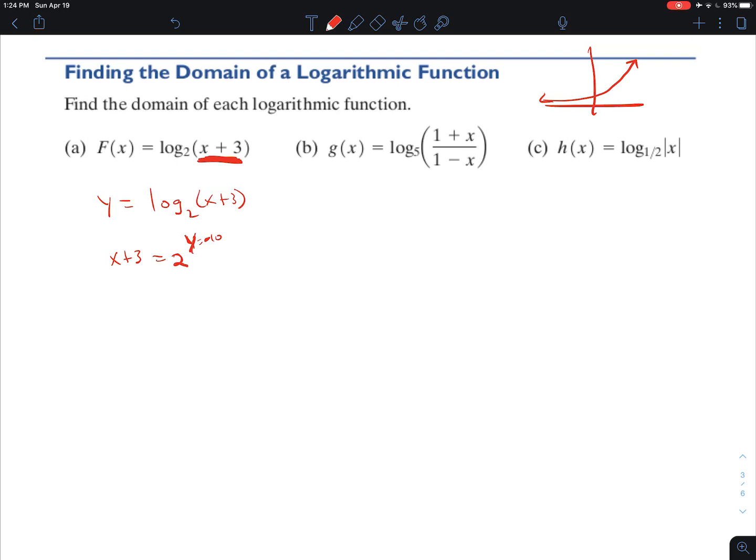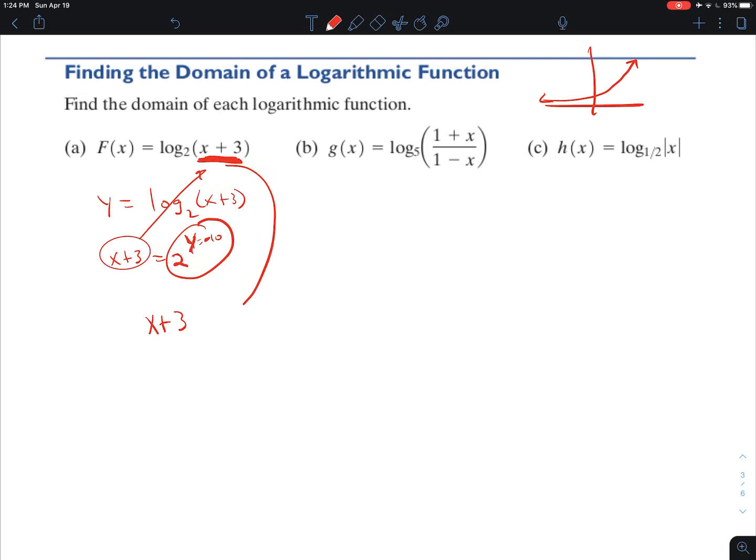Now, 1 over 2 to the 10th is a very, very small number. But what is it not? It's not 0. So there is no way to make this 0. Therefore, I can't have this be 0. The argument of the log has to be greater than 0. That's the restriction.